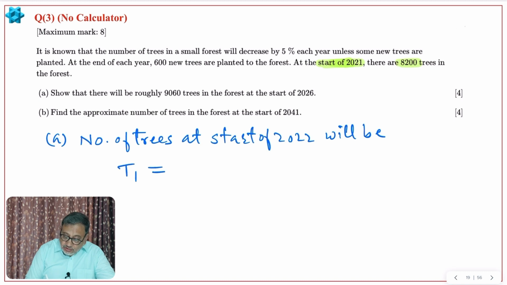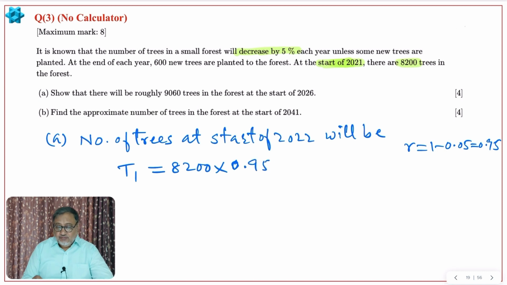So 8200 multiplied by, see, they are decreasing here, isn't it? So 1 minus 0.05, which will be 0.95, right? So multiplied by 0.95. If it decreases, it will be less than 1, 0 point something. If it increases, it will be more than 1 point something. So this many plus 600. 600 was already there in the beginning, right? So this is T1.